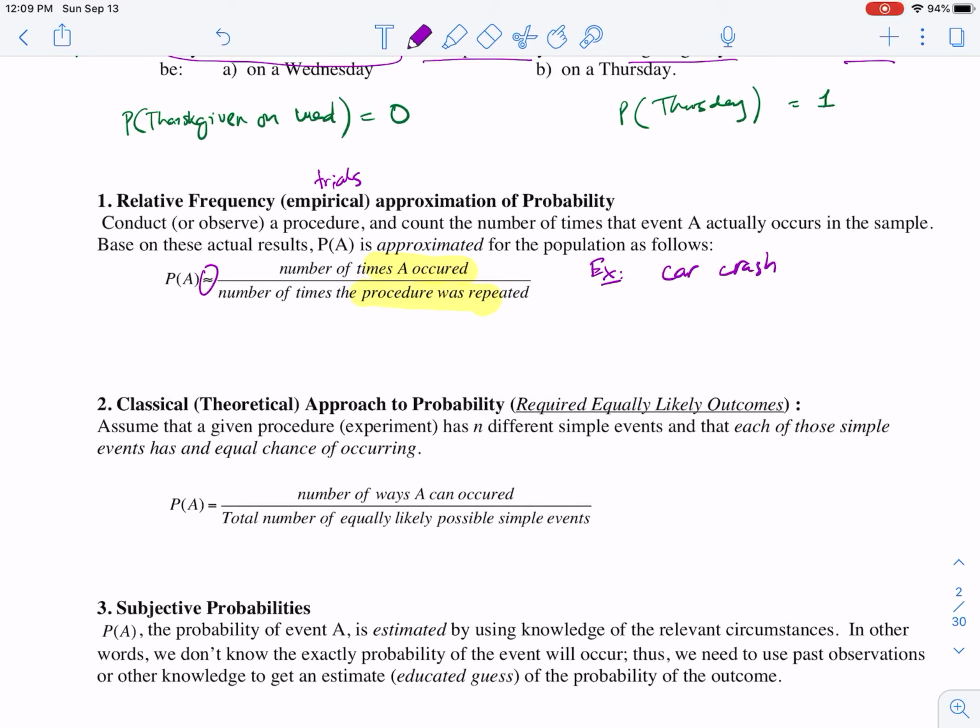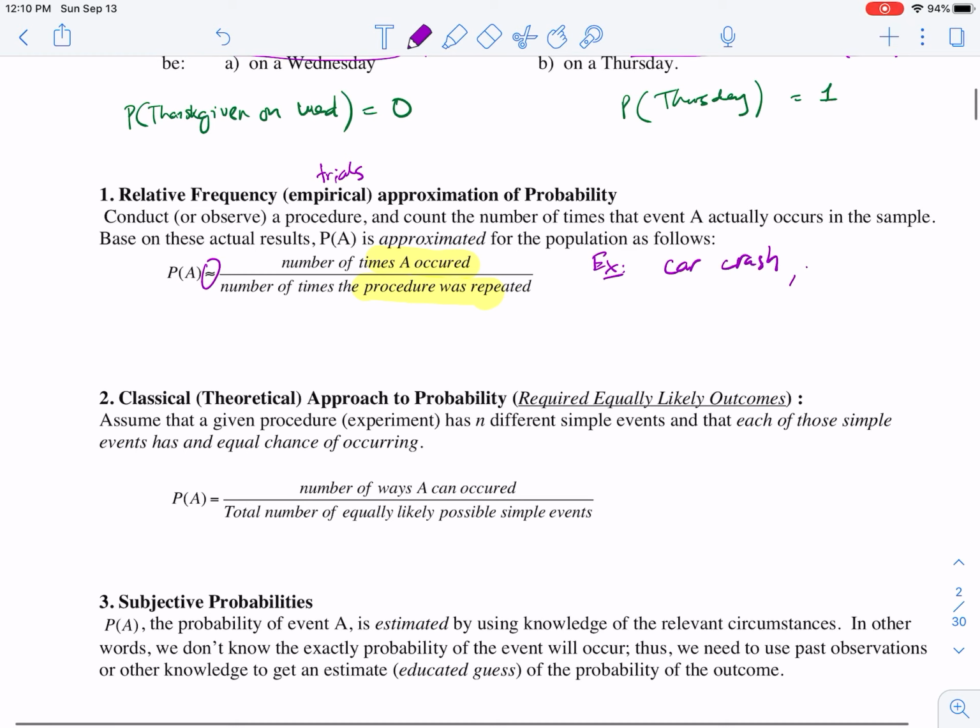When you look at the rate of car crashes every year or for a certain model, that is based on the number of trials, the number of car accidents that happened. It's not based on relative frequency or on a certain equal chance of happening. Different cars have different crash rates just based on their technology or how safely they were built.